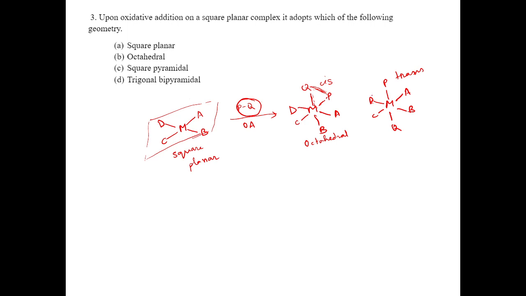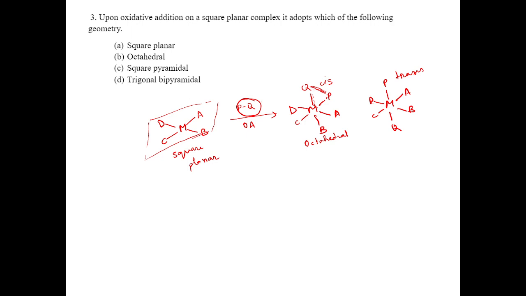But in the case of an SN2 type reaction, one center attaches first, then the other center reacts with the metal center from the opposite direction. So in an SN2 type mechanism, you will mostly get the trans product, and for the concerted mechanism, there is a higher chance that you will get the cis product.